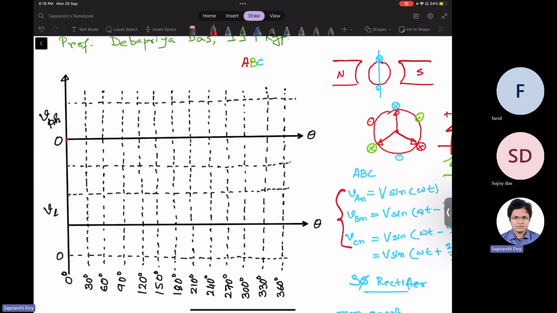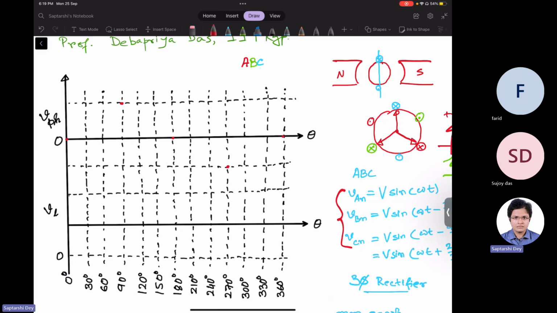We know that sine reaches peak at 90 degree. So 0 plus 90, 90. It will reach its peak here. And then it will go through its negative zero crossing at 180 here. Now it will reach its negative peak after another 90. So 180 plus 90, 270. It will reach its negative peak. Then again 270 plus 90, 360, it will reach its positive zero crossing.